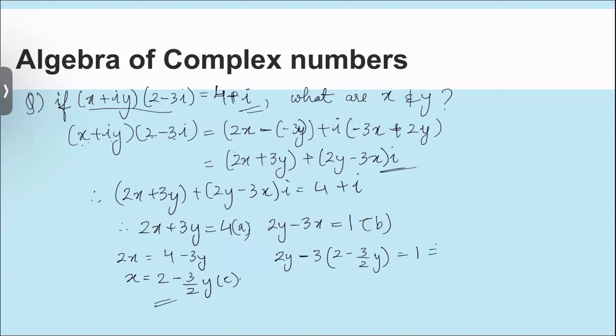So we solve this. 2y minus 6 plus 9 by 2 y is equal to 1. So 2y is equal to 1 plus 6 minus 9 by 2 y, so 7 minus 9 by 2 y.